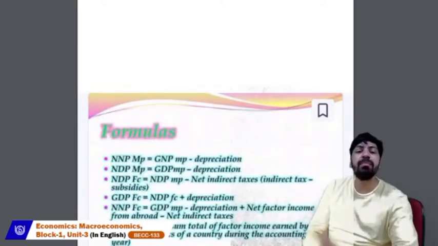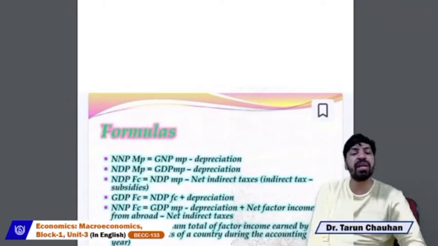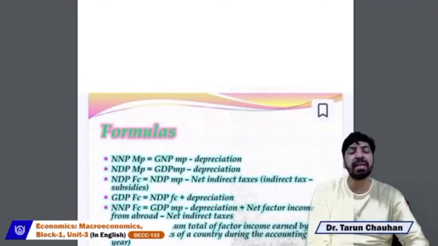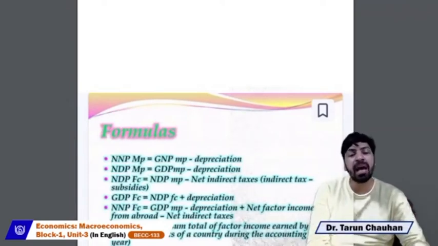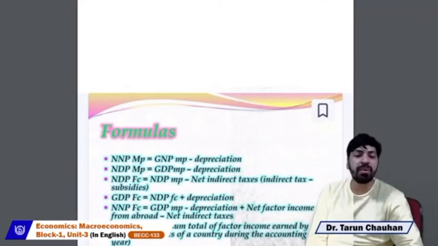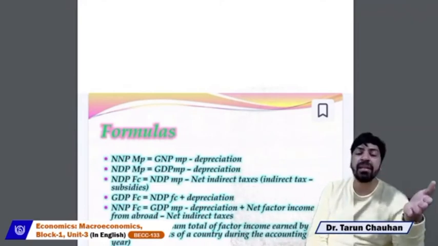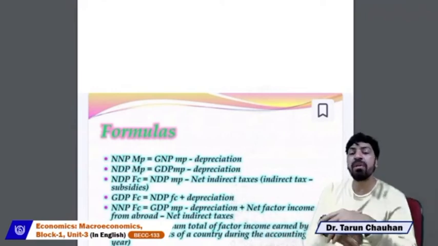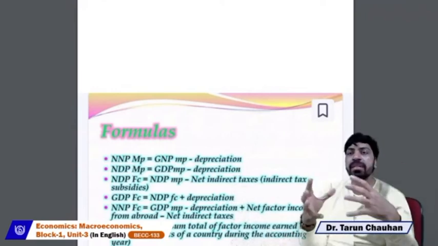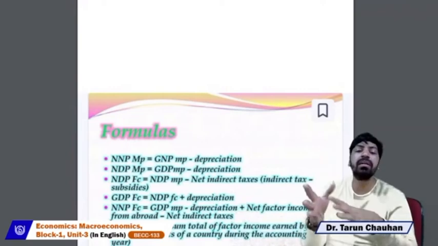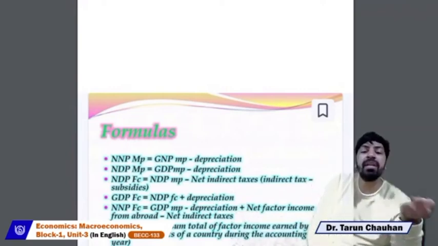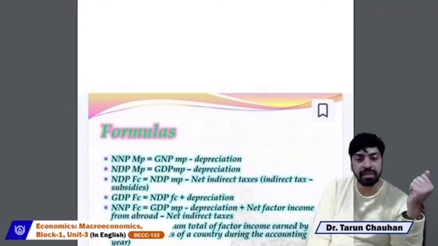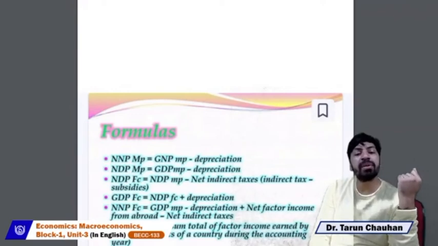So these are the main formulas. First one is NNPMP, that means net national product at market price. When we talk about net, we always talk about the foreign incomes and the losses incurred in the value of a good or service. So net national product at market price is equal to what?